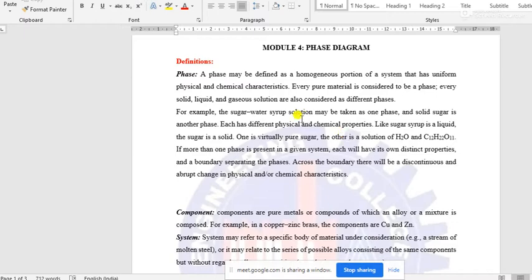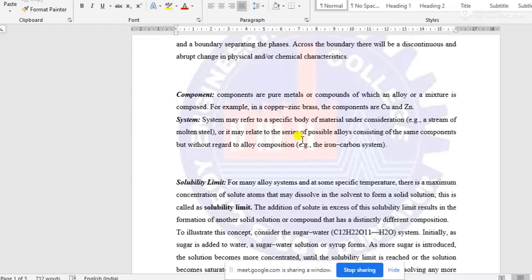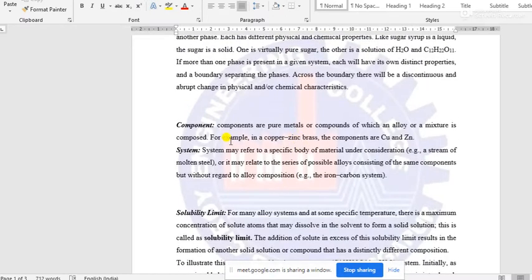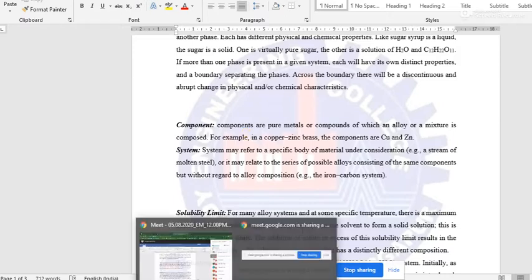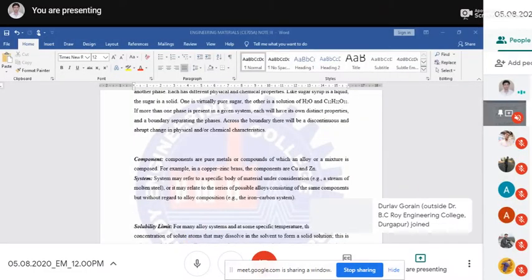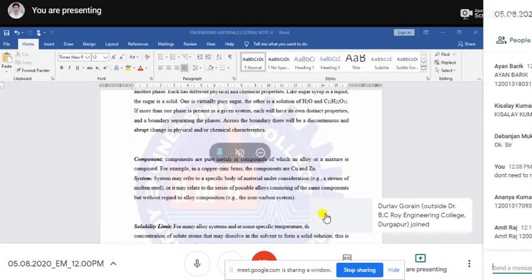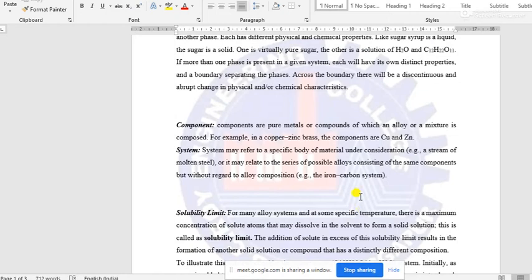Okay, now coming to the next part, that is component. Component is nothing but the compounds or the material by which the alloy or the mixture is composed of.